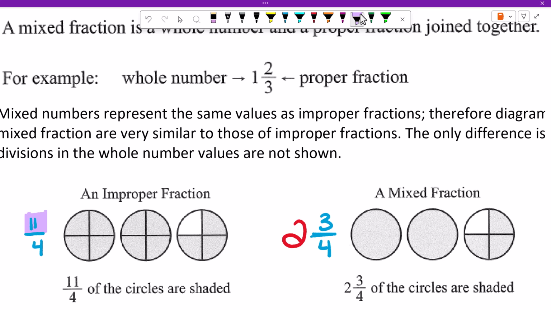So you have 2 fractions that look different, but have the same value. We need to be able to convert from one fraction to the other without using diagrams. Because if I give you a question that has mixed fractions in it, it's easier to do calculations with improper fractions.